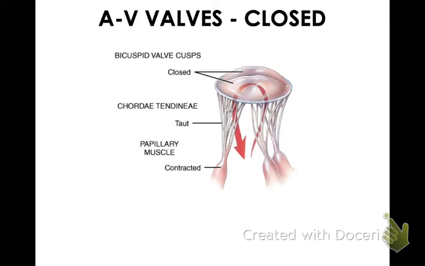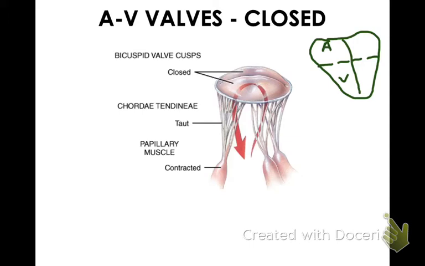So just kind of remembering what the heart looks like, I'm just going to go ahead and draw a rough sketch over here. We've got the atria at the top, and then the ventricles at the bottom. And you've got right across the middle the valves.